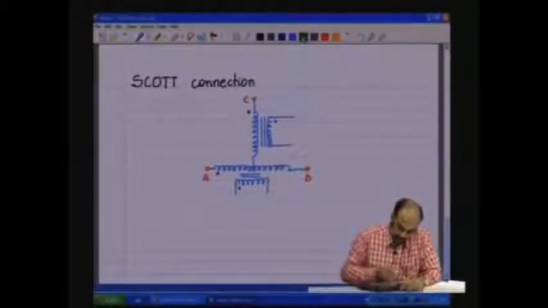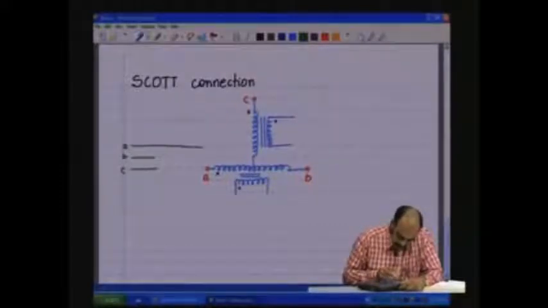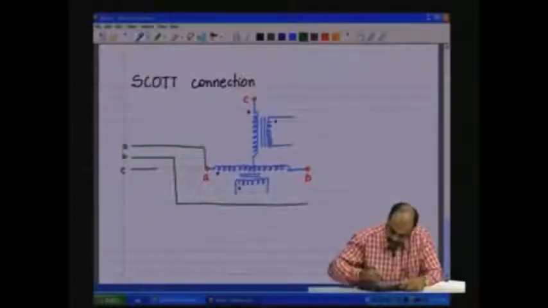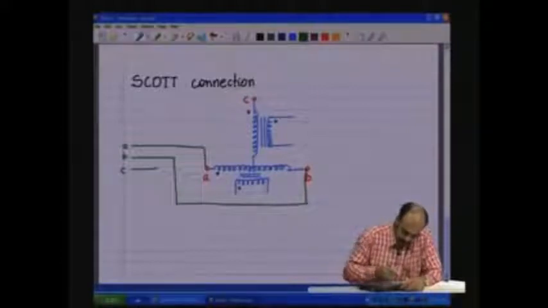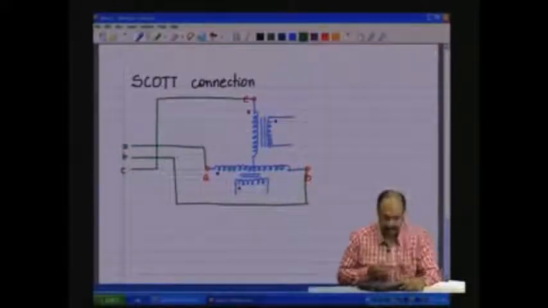We have a three-phase system A, B, C, where A is connected here, B is connected here, and C is connected here.